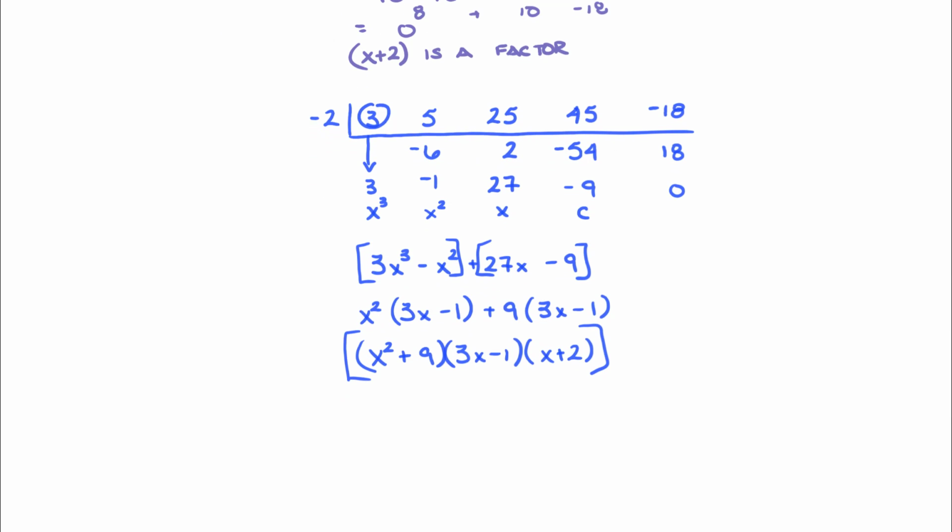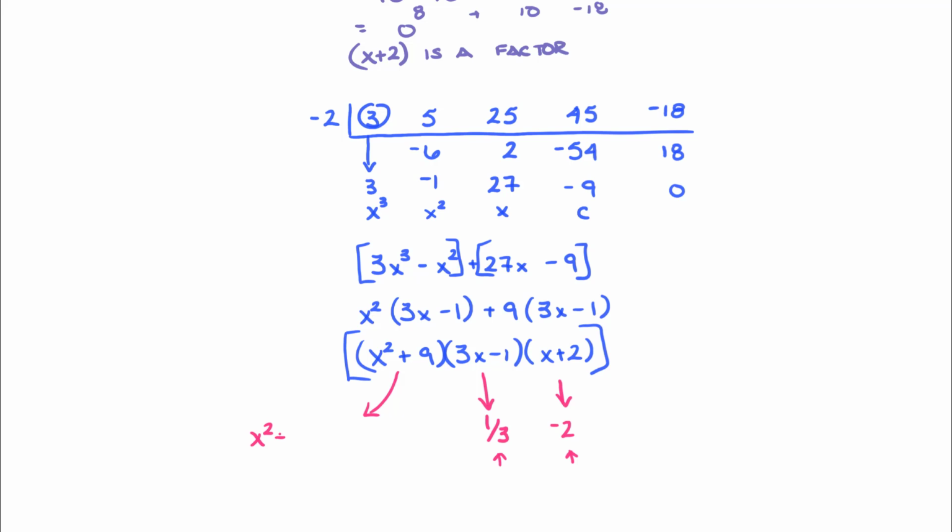Now when we find the zeros, the x plus 2, we already know that the zero is negative 2. From this one, we can see that 3x minus 1, when we set that equal to 0, we get a zero of 1/3. The x squared plus 9 is the one that's going to generate our complex zeros. So we have one negative real zero, one positive real zero. The remaining two zeros are going to be complex.